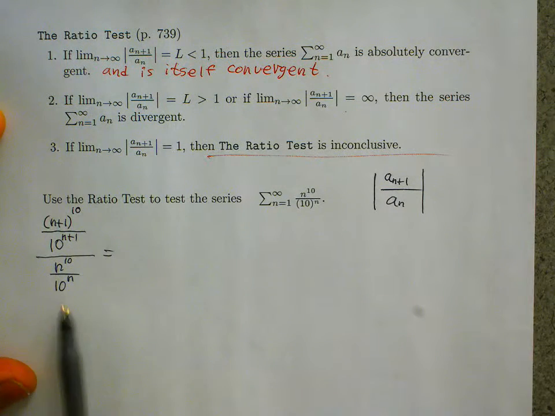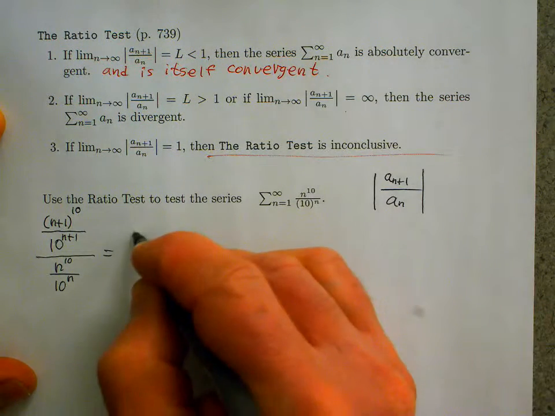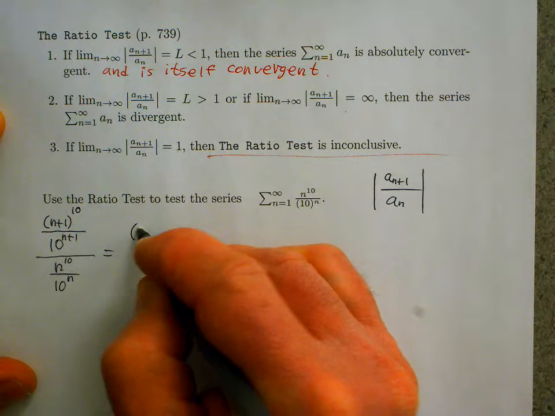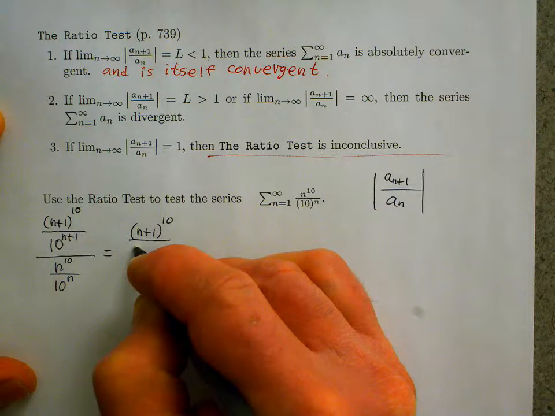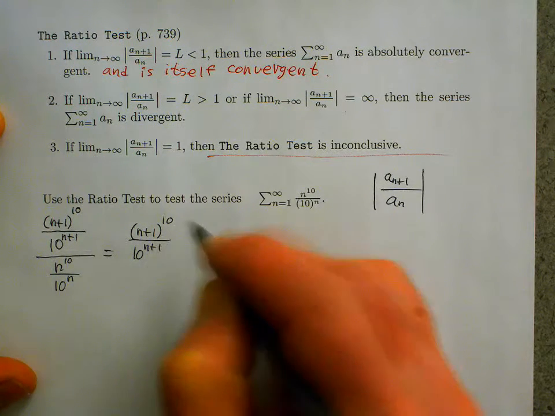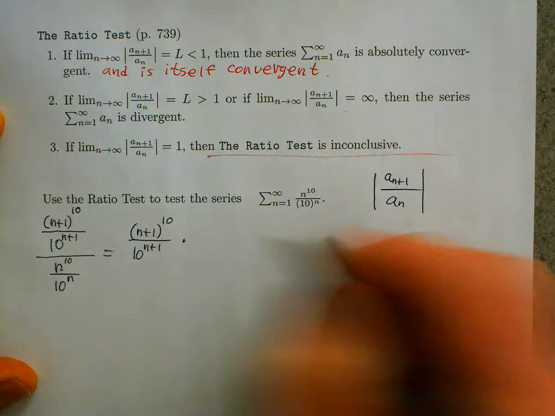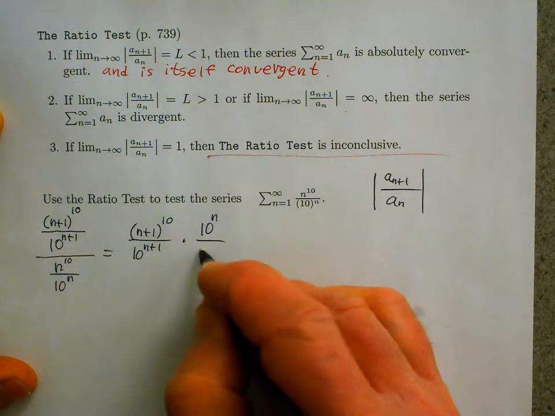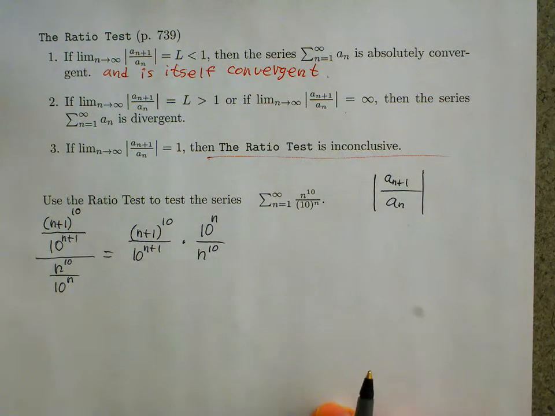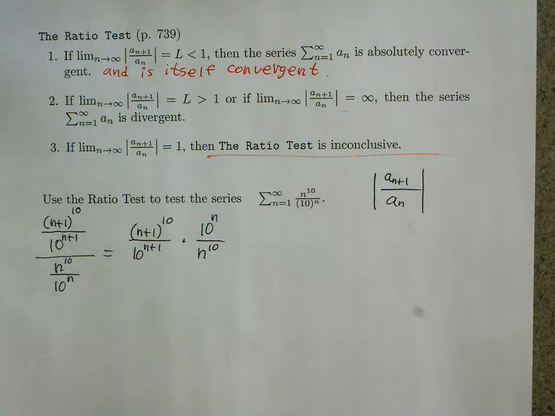So let's simplify this a little bit. n plus 1 to the 10th over 10 to the n plus first times 10 to the nth over n to the 10th. After we simplify this a little bit, we'll take the limit to see what we get.